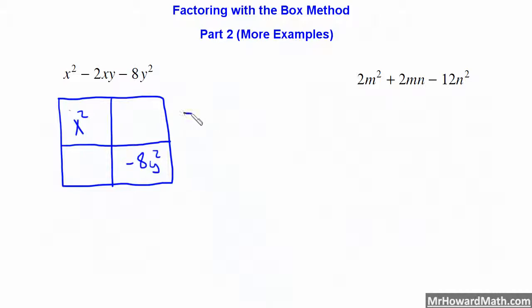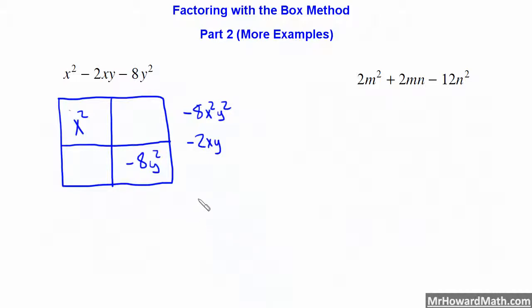So that's going to be negative 8x squared y squared. Alright, and then we want the product to be this right here, the sum to be this negative 2xy. So we want a product of negative 8x squared y squared and a sum that is a negative 2xy.